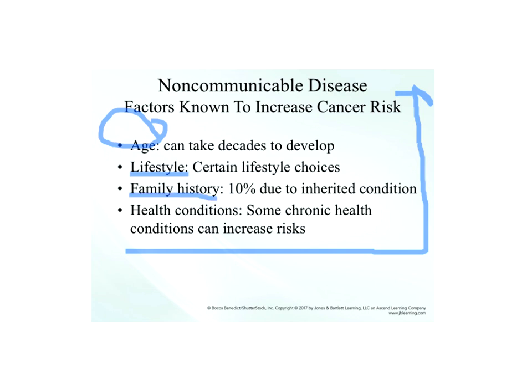Your family history, we talked about the genes, and here's an interesting fact: 10% of the cancer risk is going to be due to an inherited condition. The other health conditions, they may be chronic health conditions that exist, and that is obviously going to drive the risk up as well.